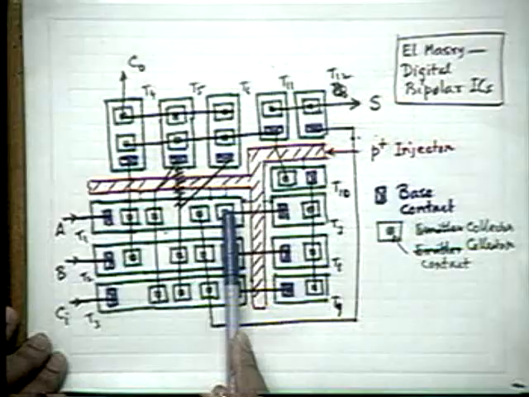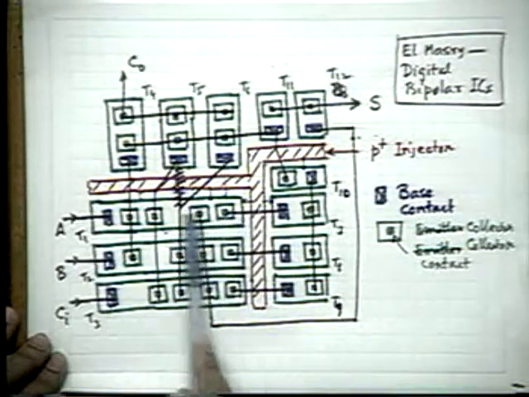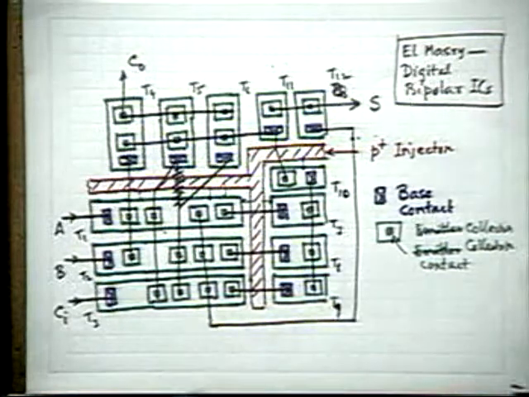So what is to be done for that? Normally in the design there is a thumb rule, as well as some analytical formula, that as you go away from the injector, you increase the collector area using a certain design rule.